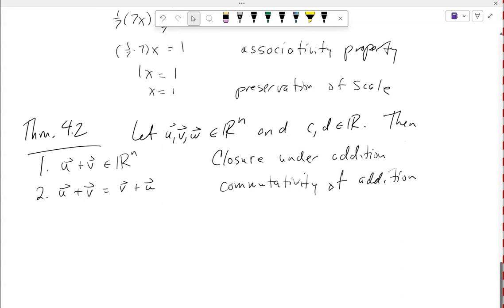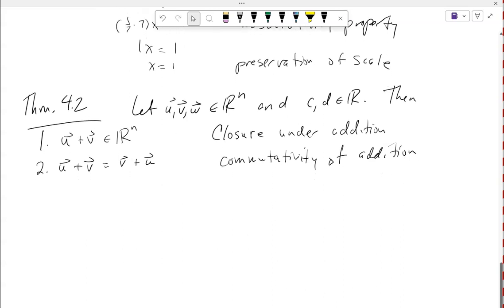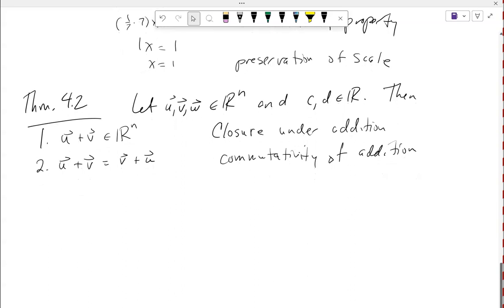I can add in either order. That's fine. It's a nice property that we want for vector spaces, vectors in general. The next one is associativity. This is the number order I would have expected these to pop up in this theorem, but I just wanted to make sure.